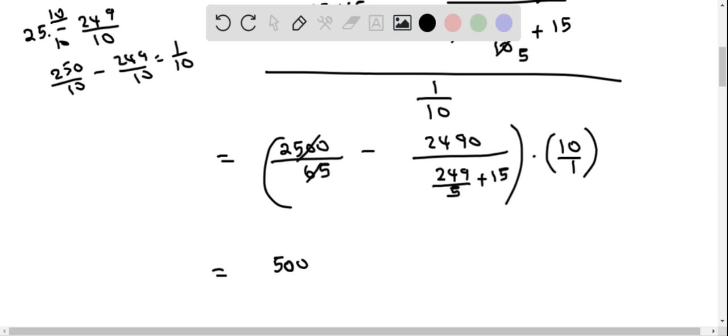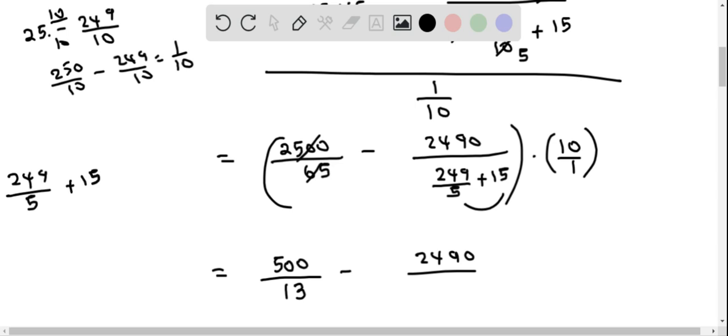So I get 500 over 13 minus 2490 divided by, let me simplify this. So this is 249 over 5 plus 15. I multiply and divide the second term by 5. So I get 5 over 5, and this is 15 times 5 is 75.